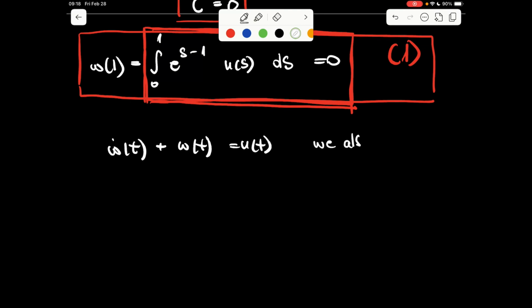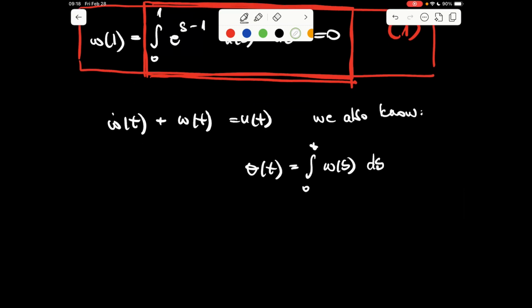We also know that the time integral of the function omega is the function theta, and from this equation the time differential of omega is the integrand at the upper bound.